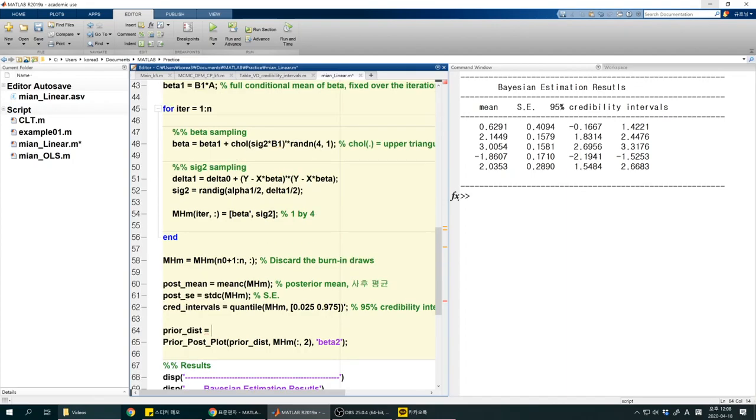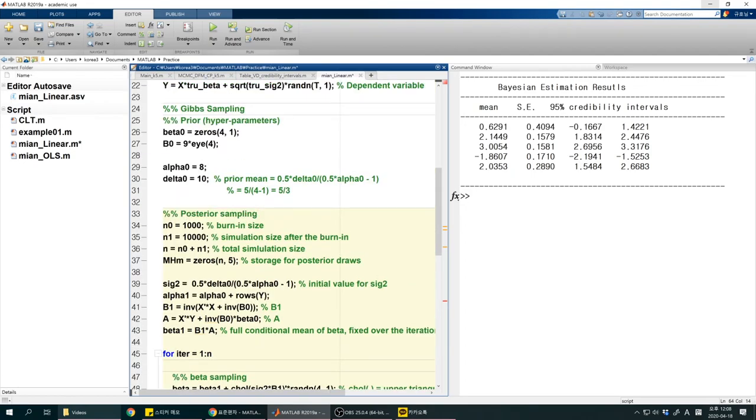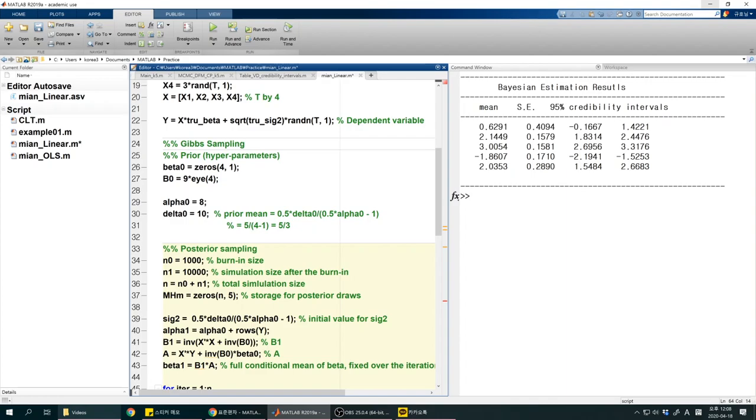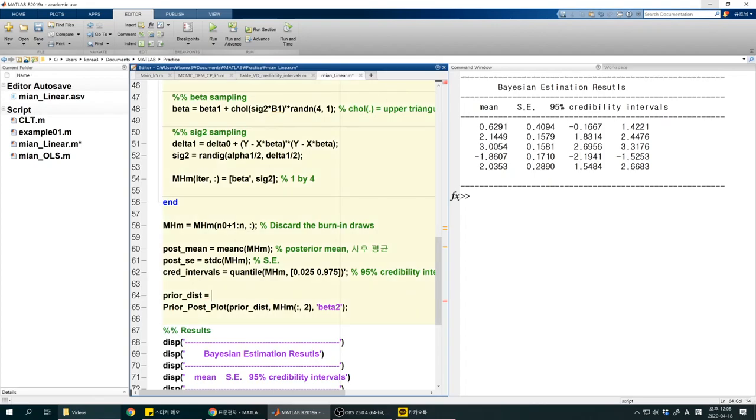We have never generated prior samples from the beta 2 prior distribution. Where is the beta 2 prior distribution? Here, right? Its mean is 0, and variance is 9, right? So let's generate the beta 2 from its prior distribution.